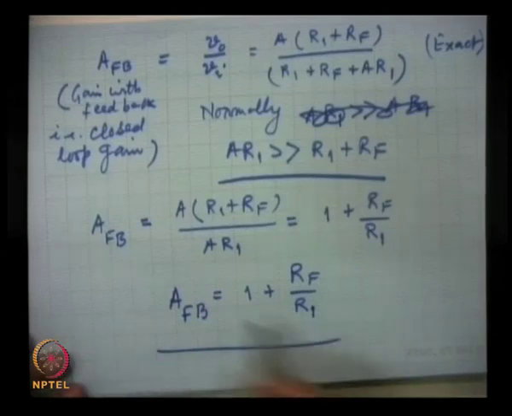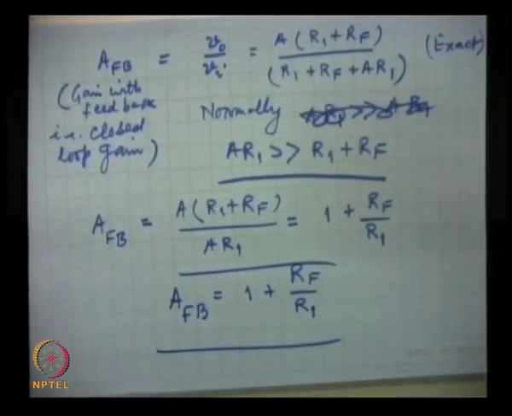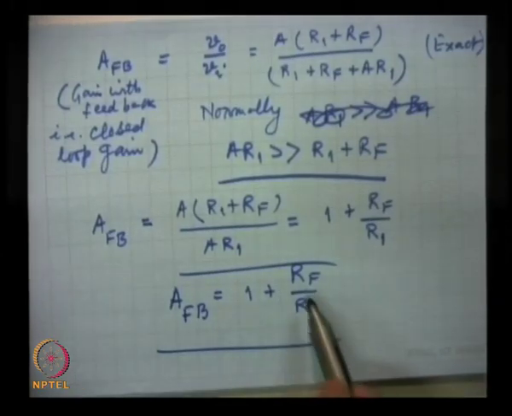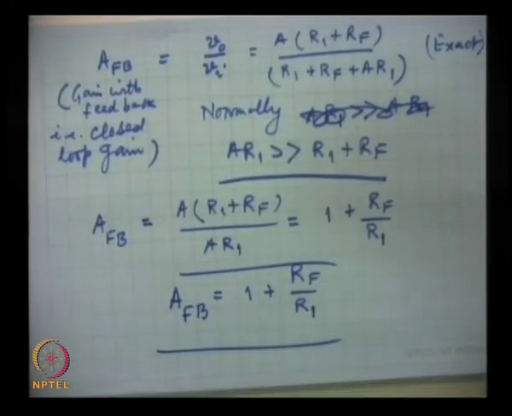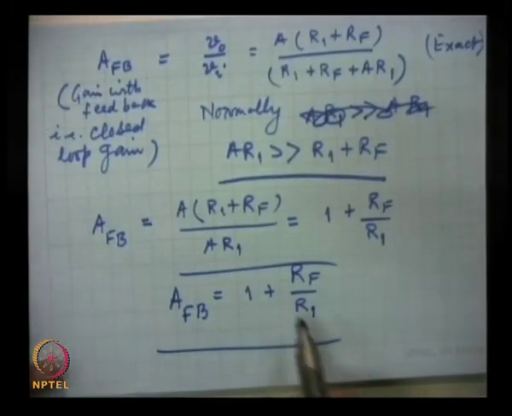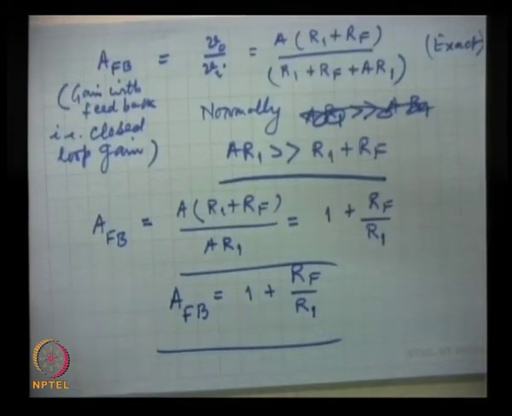How simple. You choose the gain, how much you want, 10, 20, 30, 50, 100. Accordingly, choose these two resistances. Because the op amp is a small signal device, resistances normally will be in kilo ohms.